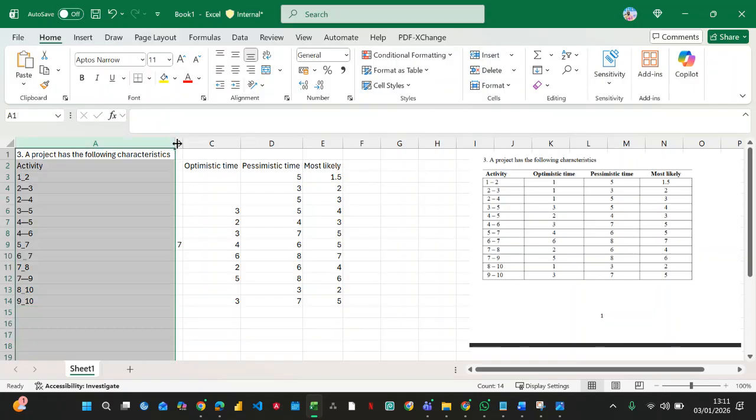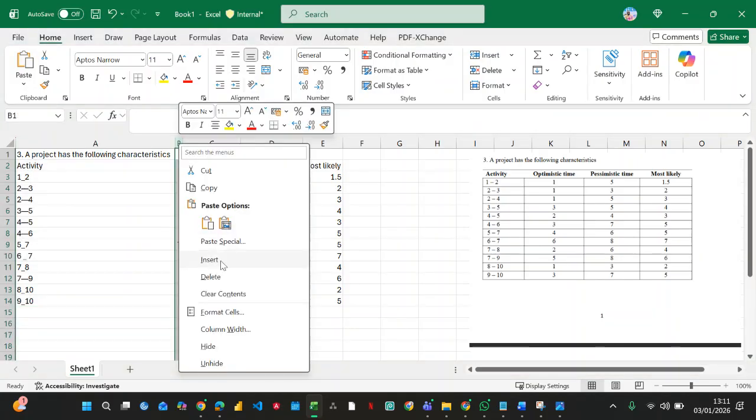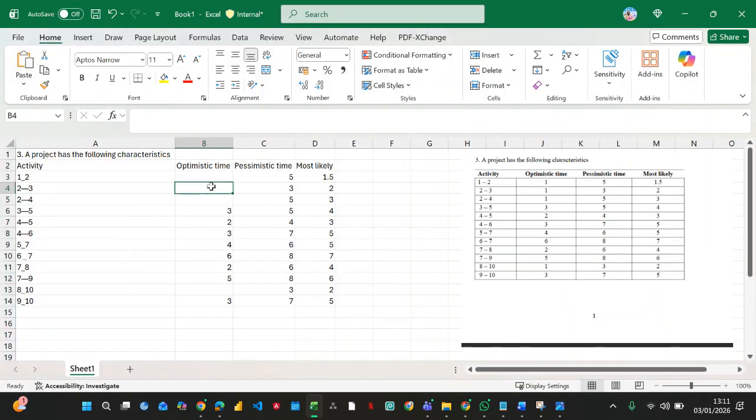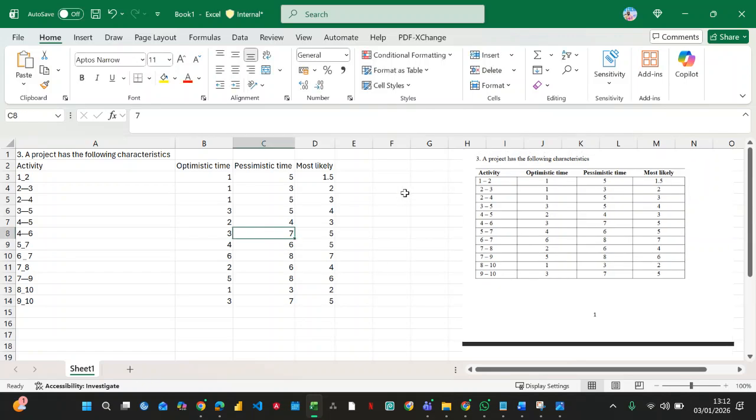So remove this column. So we have 1, 2, 1, 3, 4, 3, 4, 6, 2, 5, 1. Complete. Then 5. This one is correct. Perfect.